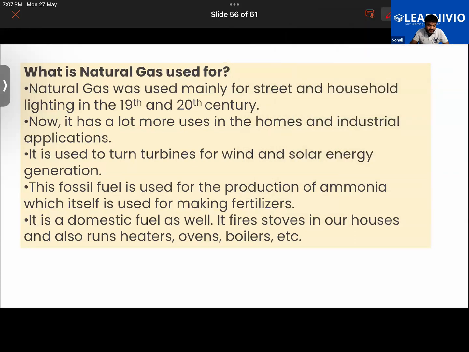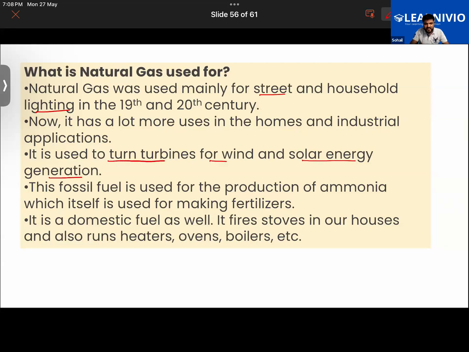Talking about the uses of natural gas, it is used for a variety of purposes. Till the 19th and 18th century it was used for street and household lighting. Now apart from lighting, it has got other applications also. It is used to turn turbines for wind and solar energy generation.